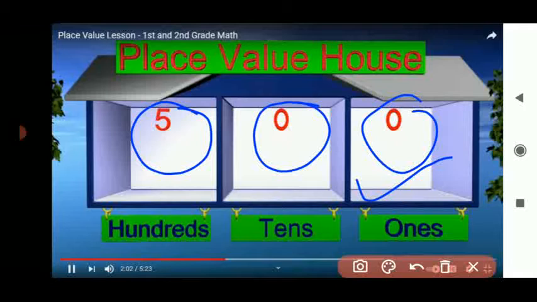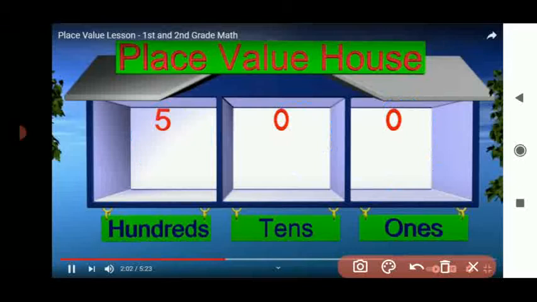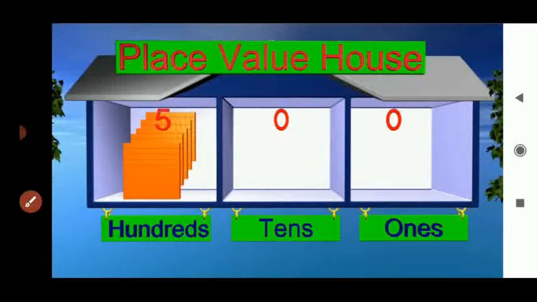To show 500, let's have some hundreds blocks. If we count, how many 100 blocks will we need? 5. See, 1, 2, 3, 4, 5. So how many 100 blocks are there? 5.